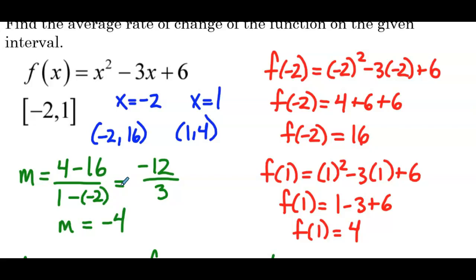Few of those concepts came back into play. We also revisited the idea of average rate of change, or finding the slope between 2 points, where we had to use the function to find our output so that we can create our 2 points to find the average rate of change between. So now that you've seen a few examples, practice, do a few more on your own so that you get comfortable with these ideas.